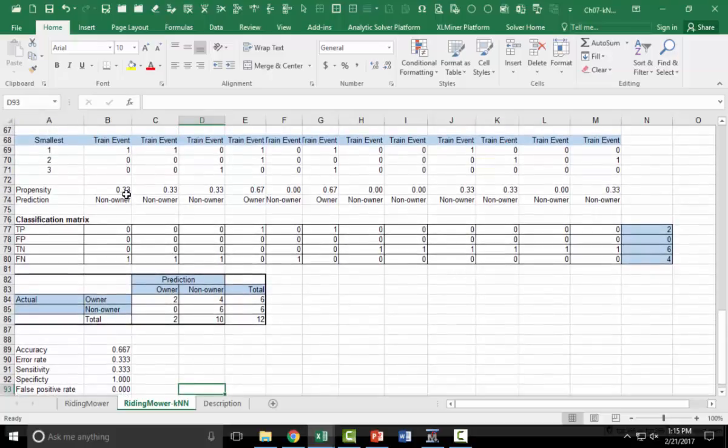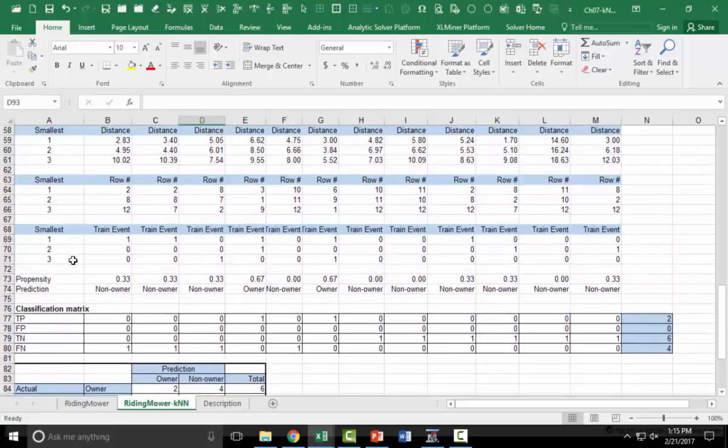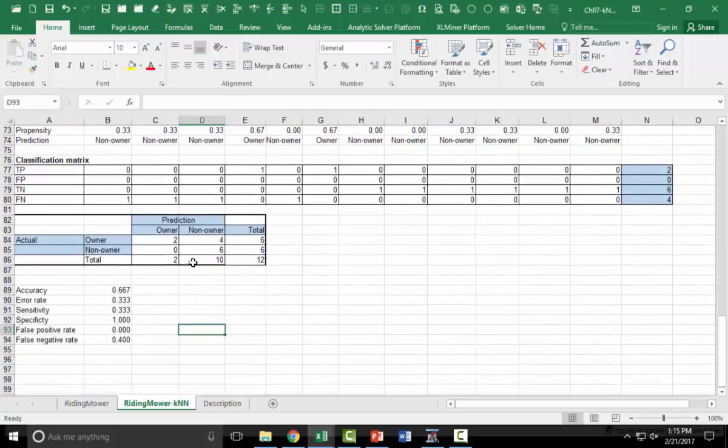Now we can do this for different cases and compare. So the key here is to separate the training and validation set. That's one of the problems with k-nearest neighbor, because in other methods you don't have to have a validation set to be able to compare the models.